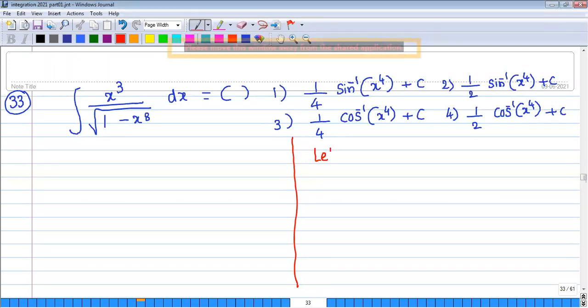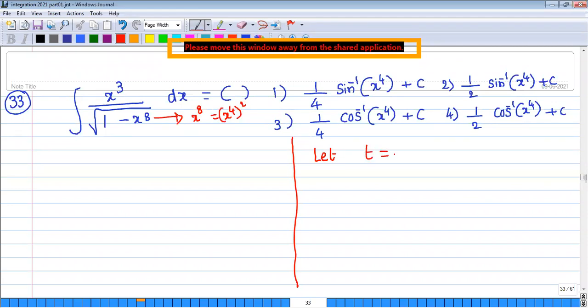Let us say first this x to the power of 8 we can write like this, x to the power of 4 whole square. Now say t is equal to x to the power of 4.